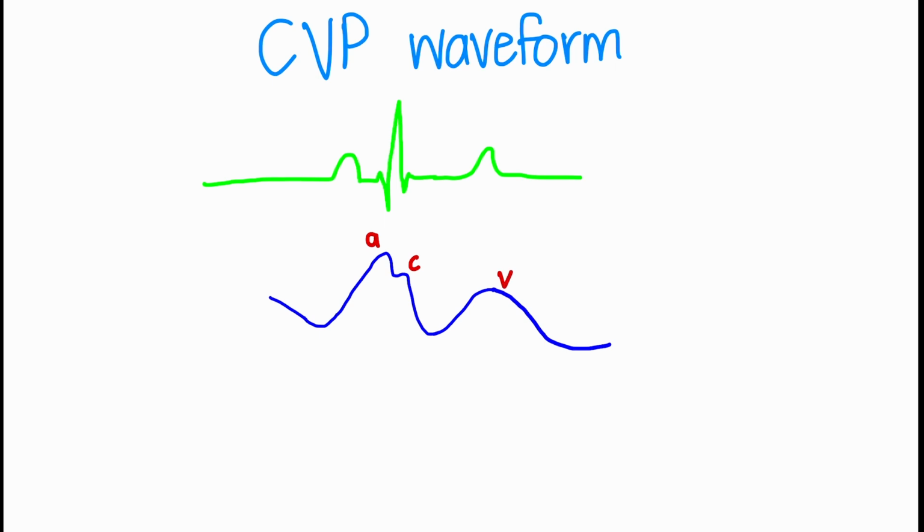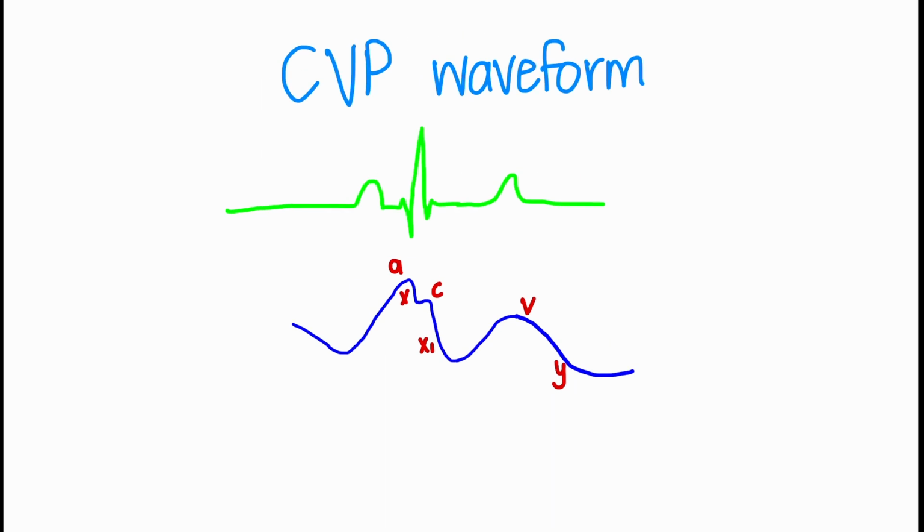And that third, more gradual positive wave is represented by the letter V. On the troughs or the downslopes, our first downslope is X, and it's divided into X and X1 by the C wave. On the more gradual side, we have that last trough represented by the letter Y.